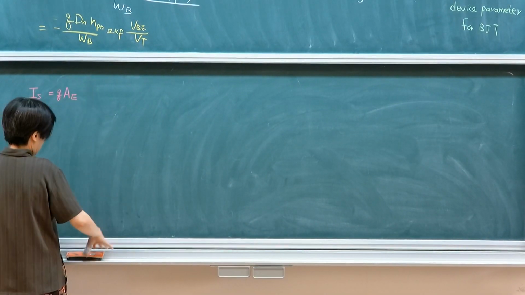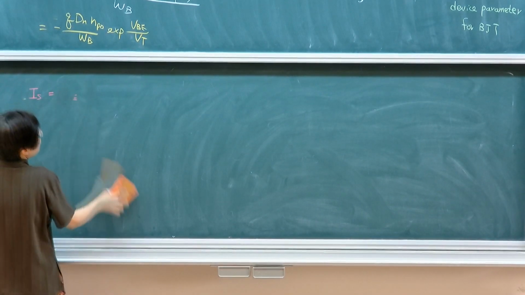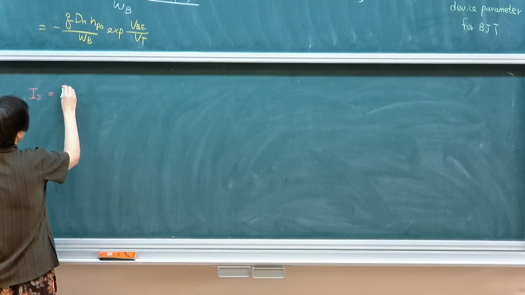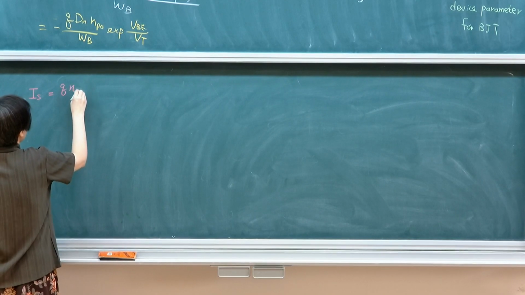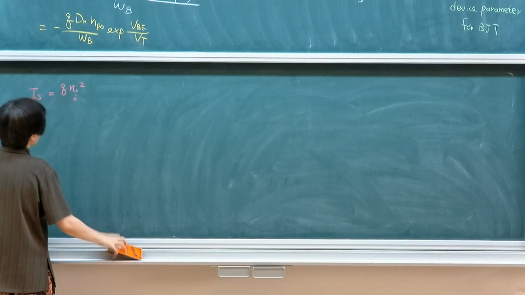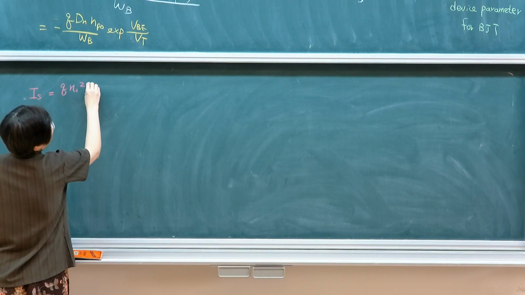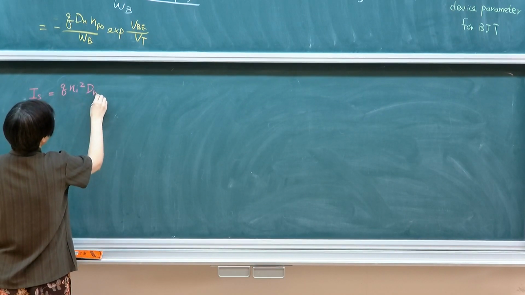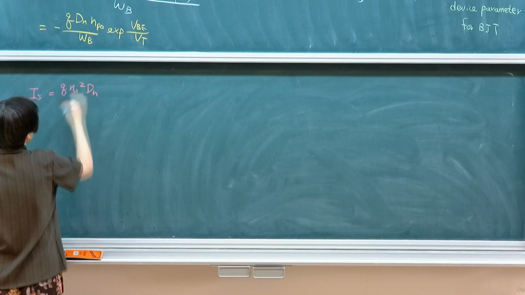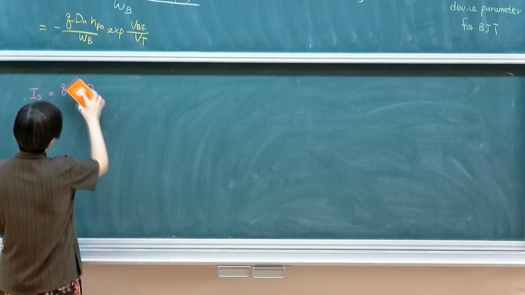Ni squared. Let me rearrange it. Should be Q Ni squared Dn. I don't know where I should place my AE.